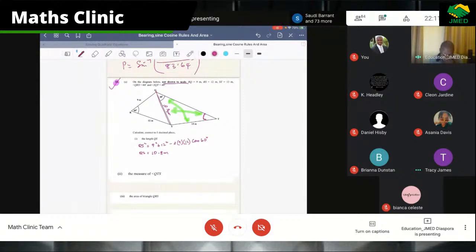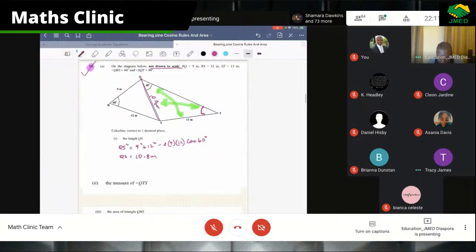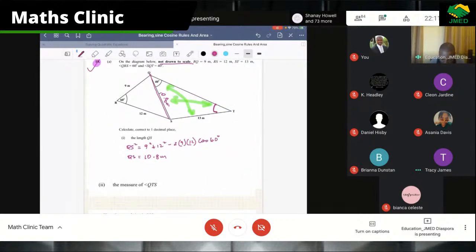And the sine rule then, because we're finding angles, I'm going to say the sine of, is that R? It's T. Yes, the sine of T over 10.8 is equal to the sine of 40 over 13.